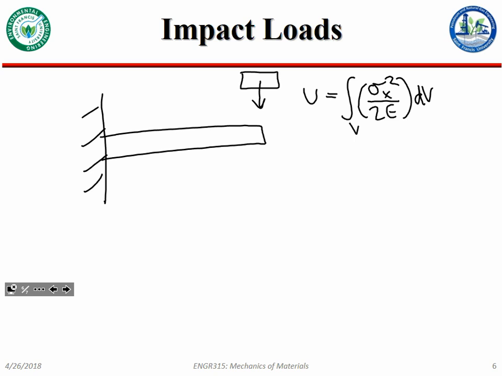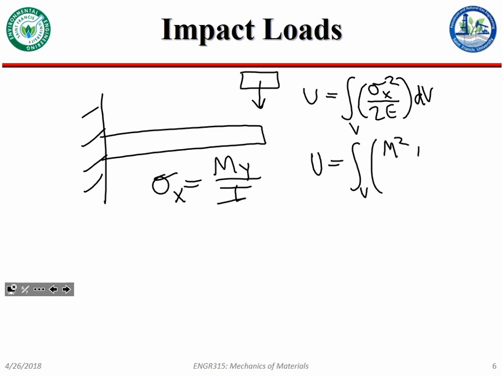if looking at bending stress, we know that in bending, that's a pretty familiar sight, right? So we can substitute that in. This is a U, and it's the same U that's here.